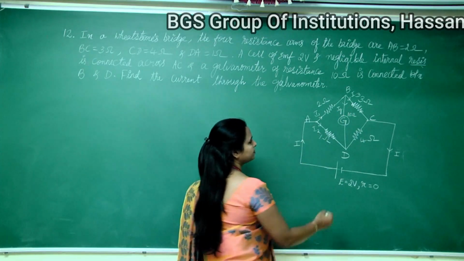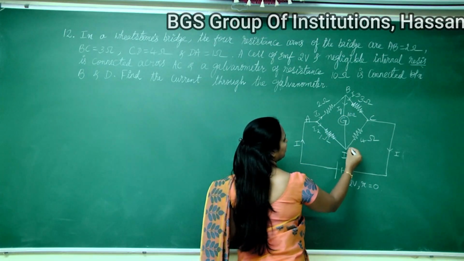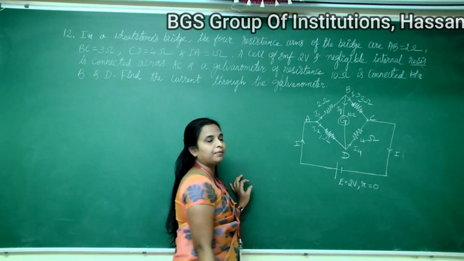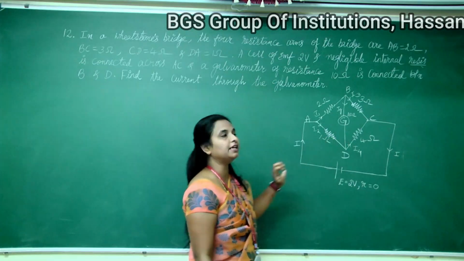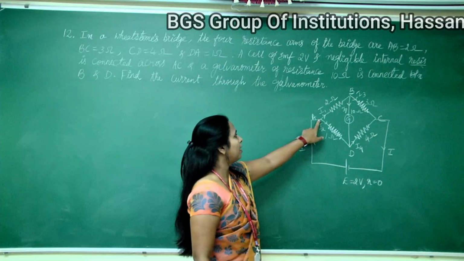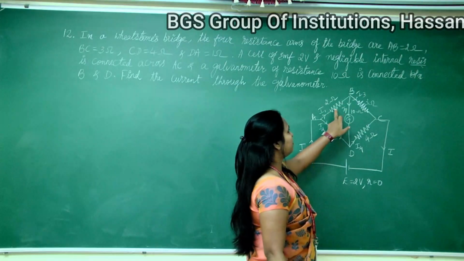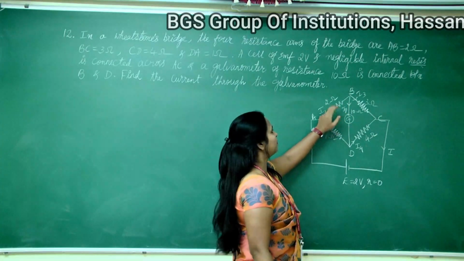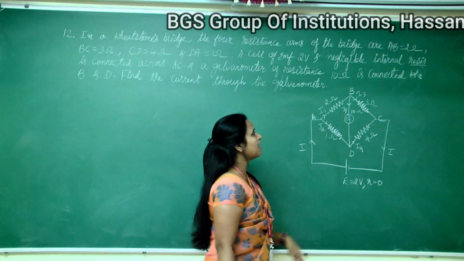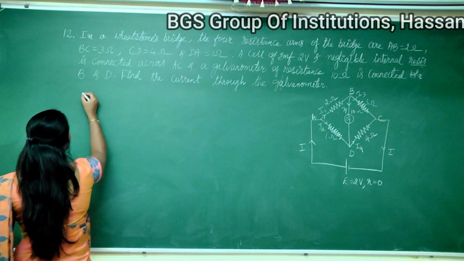So again here we get I4, and I4 can be taken as I2 plus IG. From this diagram we can write: when I1 passes through the 2 ohm resistor and then through the galvanometer, the current is taken as IG.